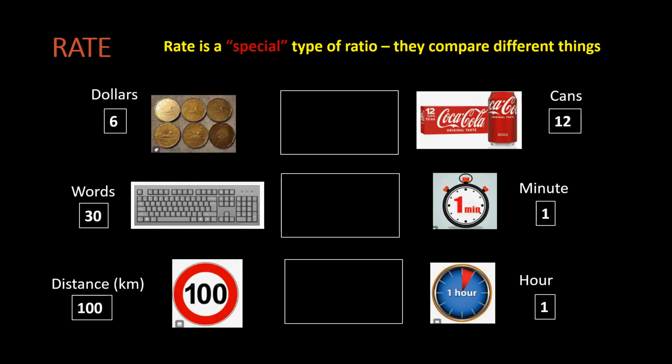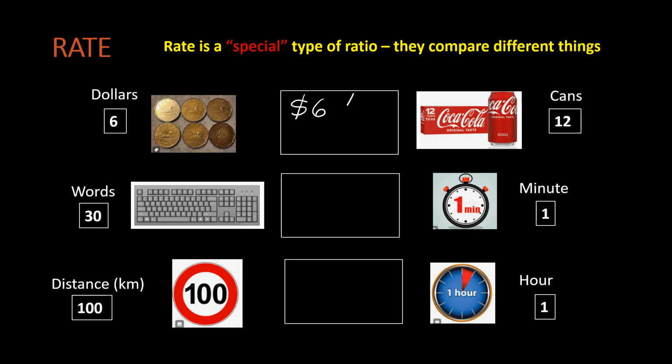Now we're going to learn about rate. Rate is also a ratio, a type of ratio, but it's a special type of ratio. It's comparing different things. So in the first example, we have dollars and cans. We have $6, so we write it like this.